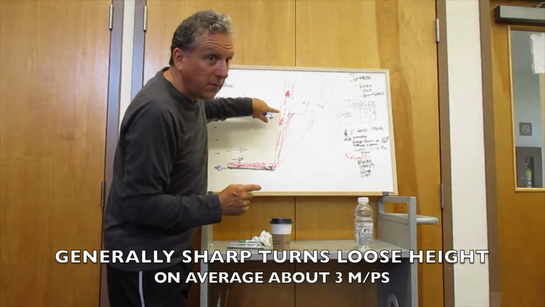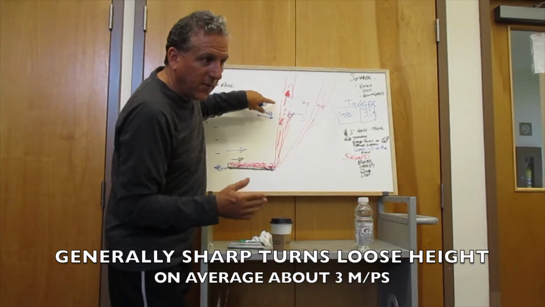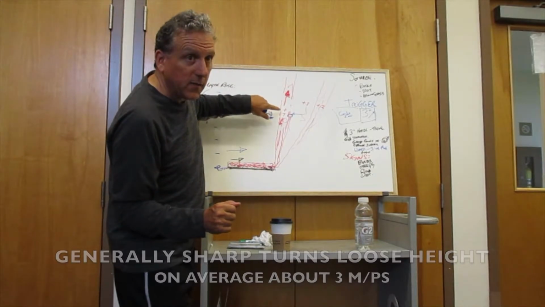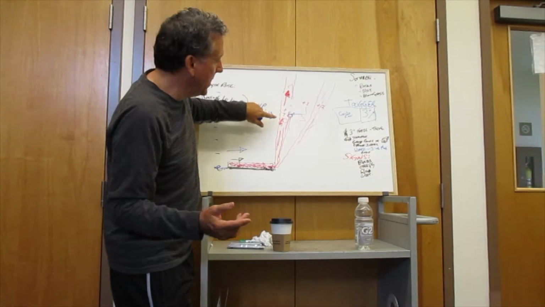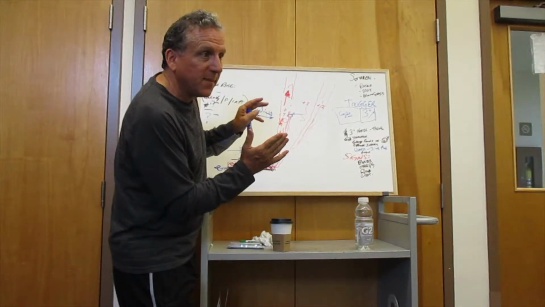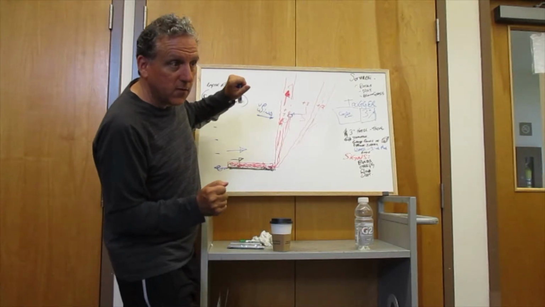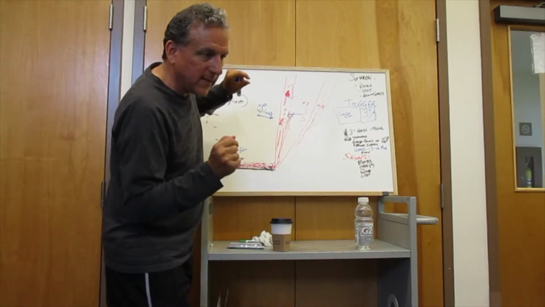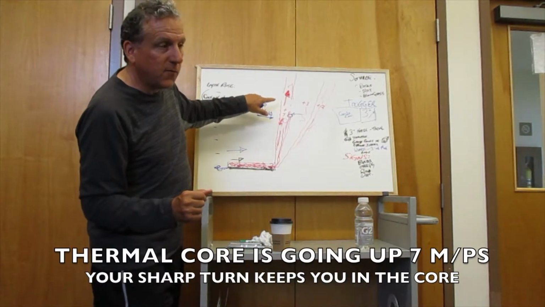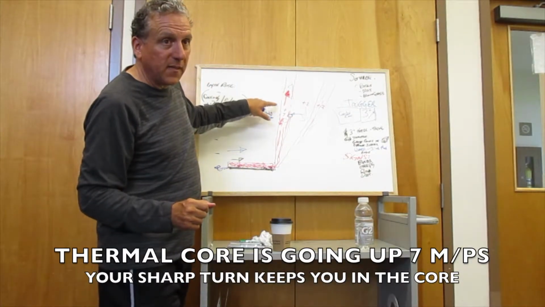This thermal is going up 7 meters a second. So if I'm potentially losing 3, but it's going up 7, how many am I still going up? 4, exactly. So in this area, I want to stay tight, I want to stay in it. I'm allowed to push myself to do a 3 meter a second descent technique when I know I'm still going to be going up at least 4 meters a second by staying in it.